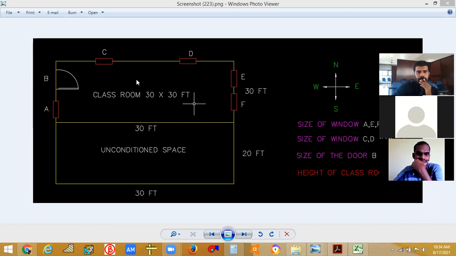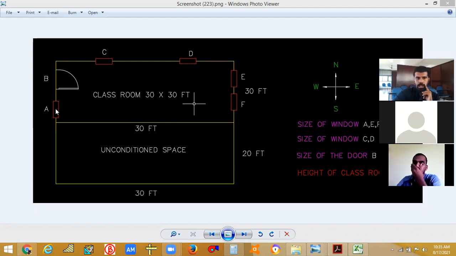So just see this. This is a classroom and there is an attached roof. Okay. So this room is an unconditioned space. So we have to condition this classroom. We need air conditioning for this particular classroom, and this is an unconditioned space. We don't want any air conditioning. So A, C, D, E, and F show the window. This is the window. Okay. A, C, D, E, and F is the window.